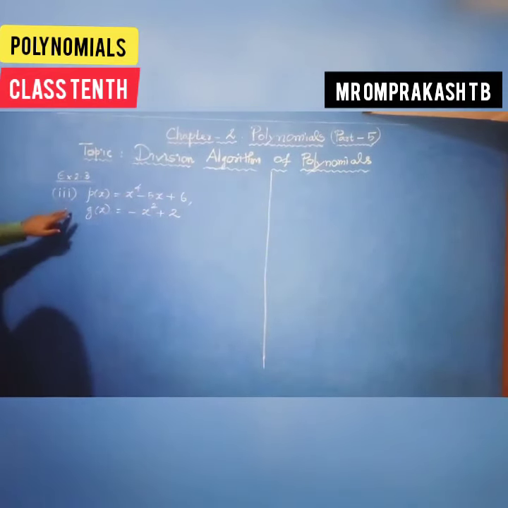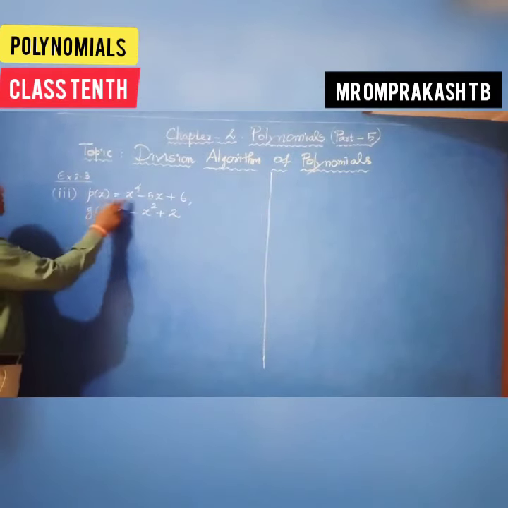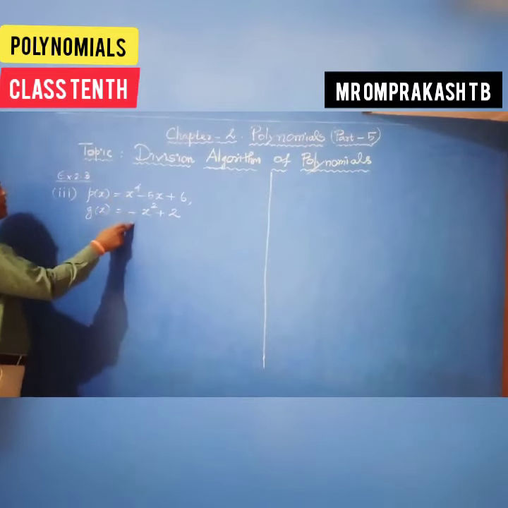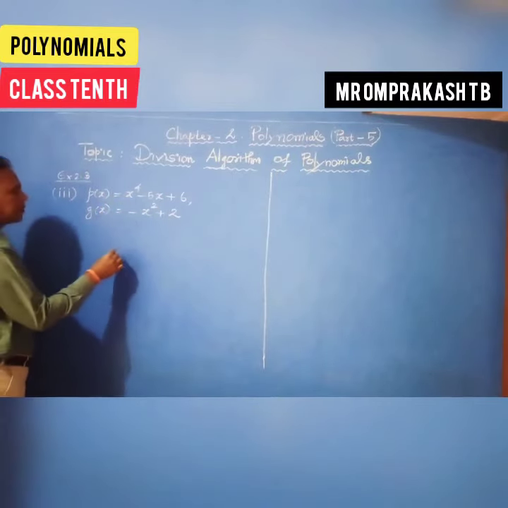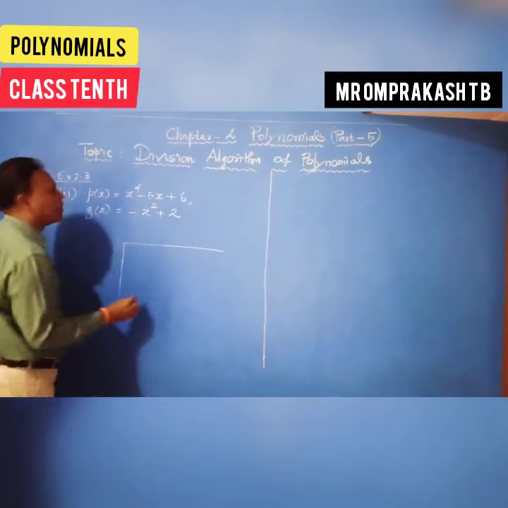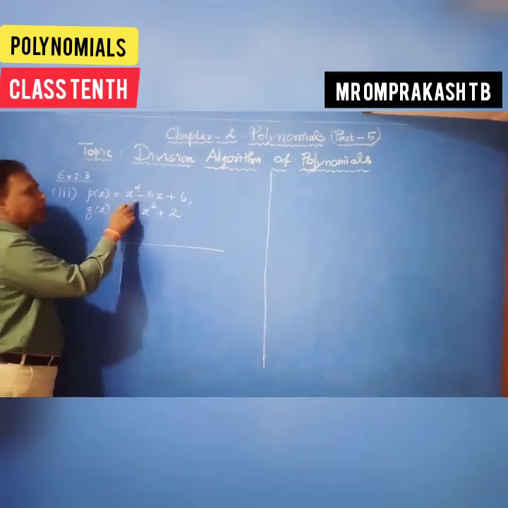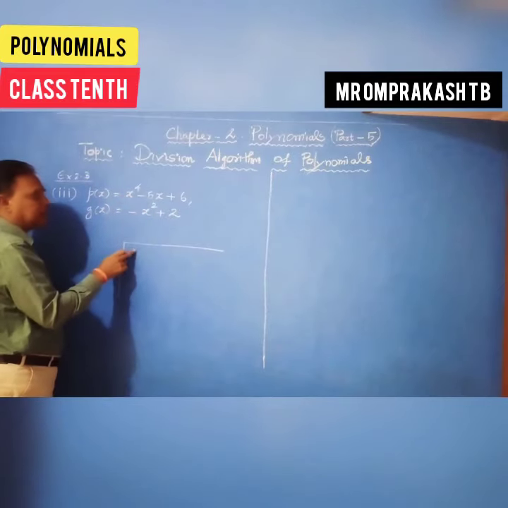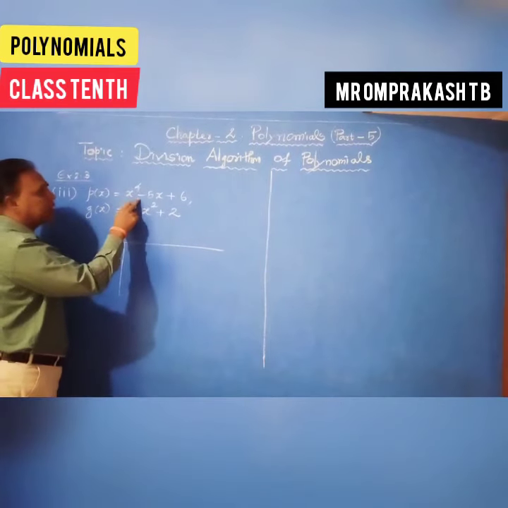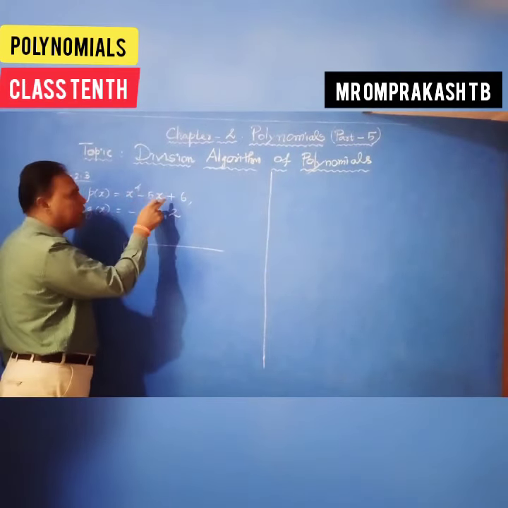You see, now we can see the third problem. Same way, p of x is given, q of x is given. So you take this one as dividend and divisor. So just divide. Already I told you, while writing, write in the standard form. Here there is no cube term, no x squared term.